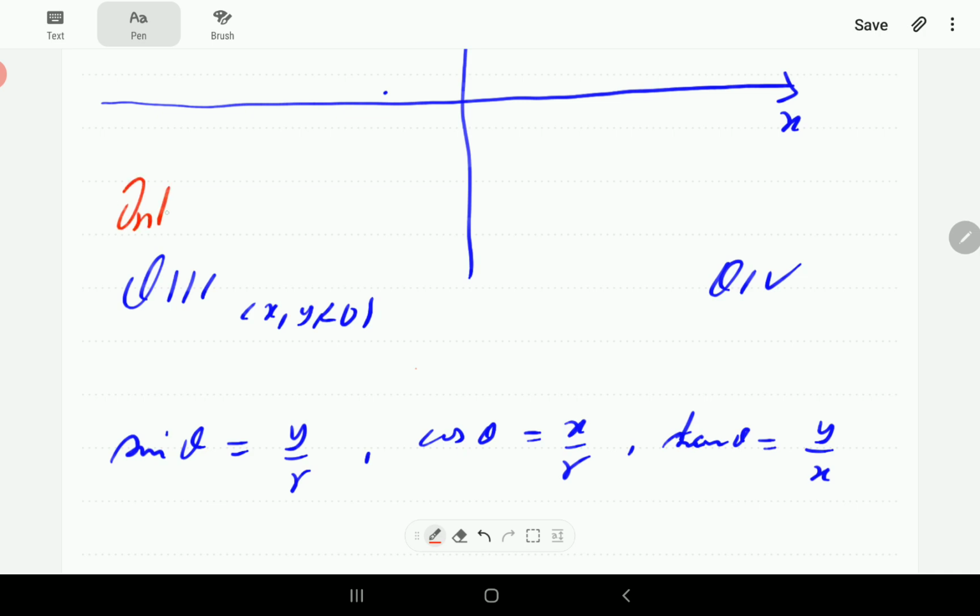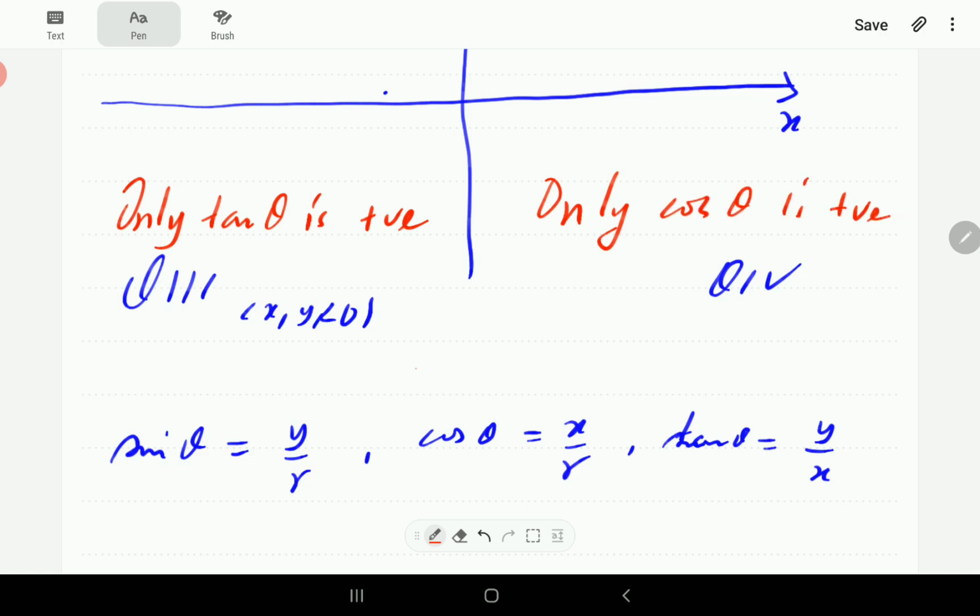So in the third quadrant, only tangent theta is positive. Then in the fourth quadrant, x is positive, y is negative. So that means this will be negative, this will be positive, this will be negative. So that means here only cosine theta is positive.